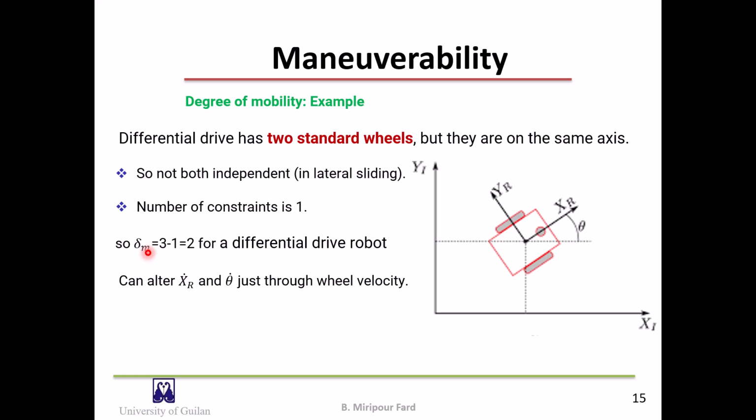So the degree of mobility is 2 for a diff drive robot. This implies that the robot can alter x dot R and theta dot just through wheel velocities, and it is impossible to alter y dot R instantly. XR and YR here are axes of the body coordinate.